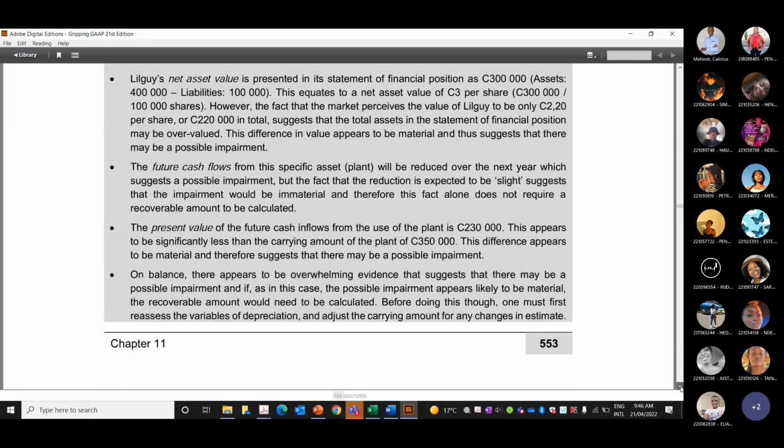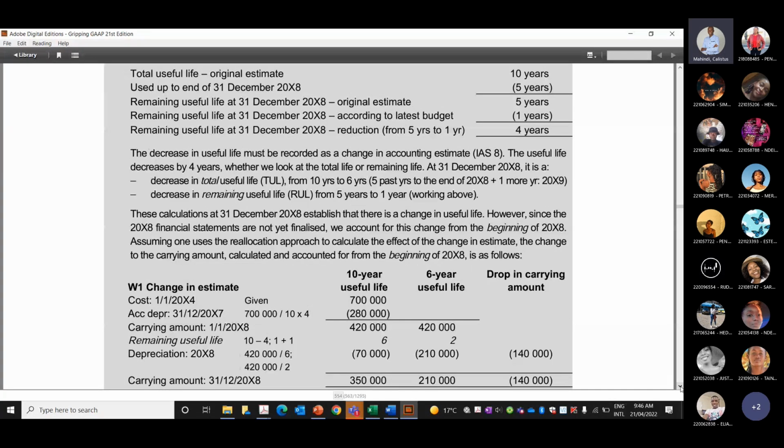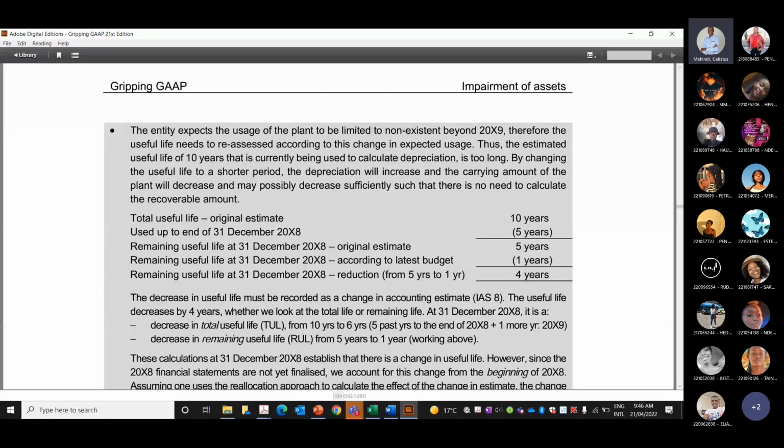Okay, so let us look at this. Here there are some workings to show you the remaining estimated useful life. So remember, we are at 31 December 20X8. So as at 31 December 20X8, we only have 1 year remaining, because the scenario tells us that at 20X9, there will be no further use for that asset.